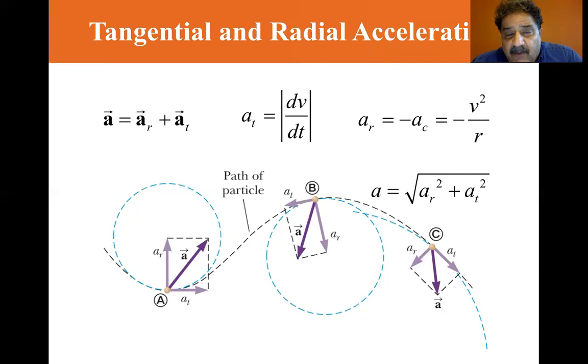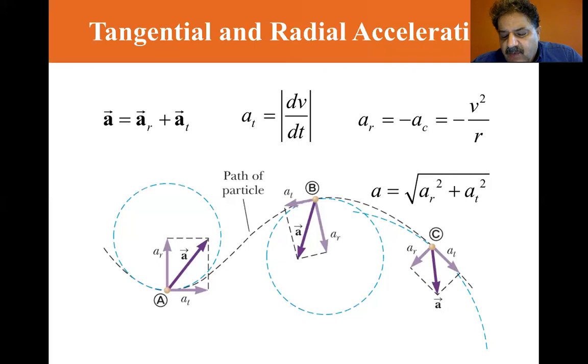Okay, now for uniform circular motion, v is constant, tangential acceleration is 0, and the acceleration is always completely radial. Uniform circular motion is a special case of the motion along a general curved path. If the direction of the velocity does not change, there is no radial acceleration.